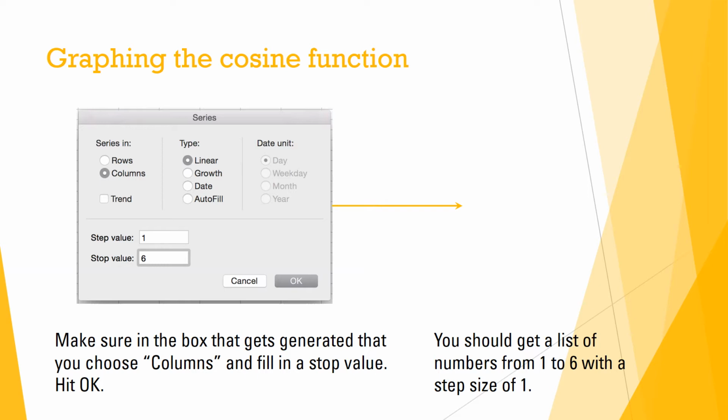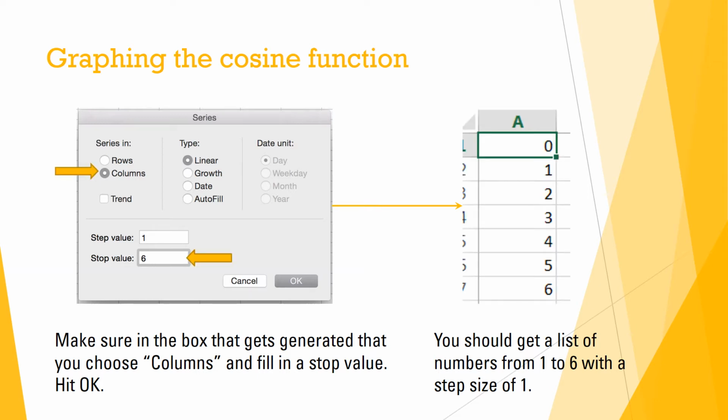Make sure in the box that gets generated that you choose columns and fill in a stop value. Otherwise, the automatic selection is rows, and you're going to end up filling in data in a row. Hit OK, and you should get a list of numbers from 1 to 6 with a step size of 1. In other words, 0, 1, 2, 3, 4, 5, 6.